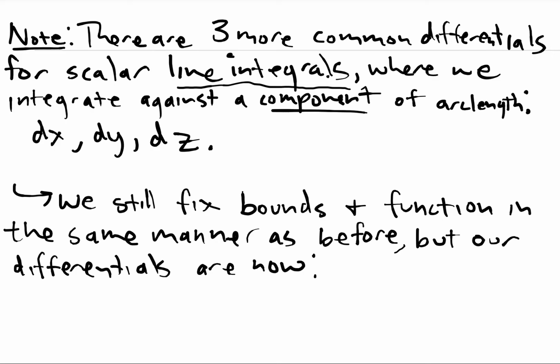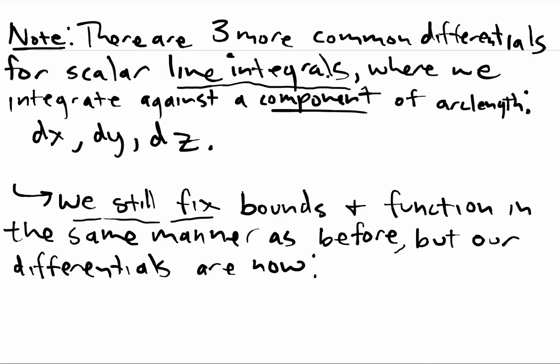That means that we still need to fix my bounds and my function and my differential. Since these are scalar line integrals, fixing the bounds and the function, we're still going to do the same exact technique that we did before: steal the bounds from your parameterization, plug in your parameterization, but the differentials are going to be different.